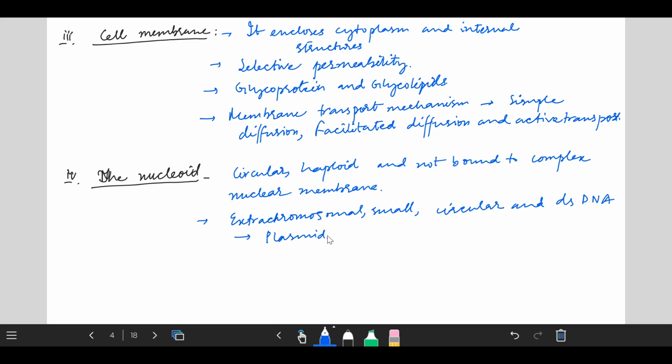It carries genes that are responsible for antibiotic resistance and takes part in important survival mechanisms. Clear?